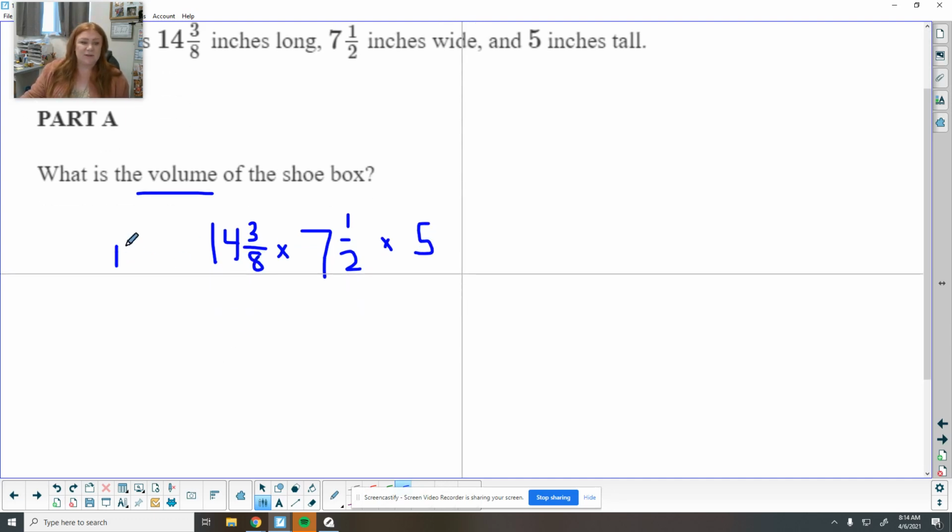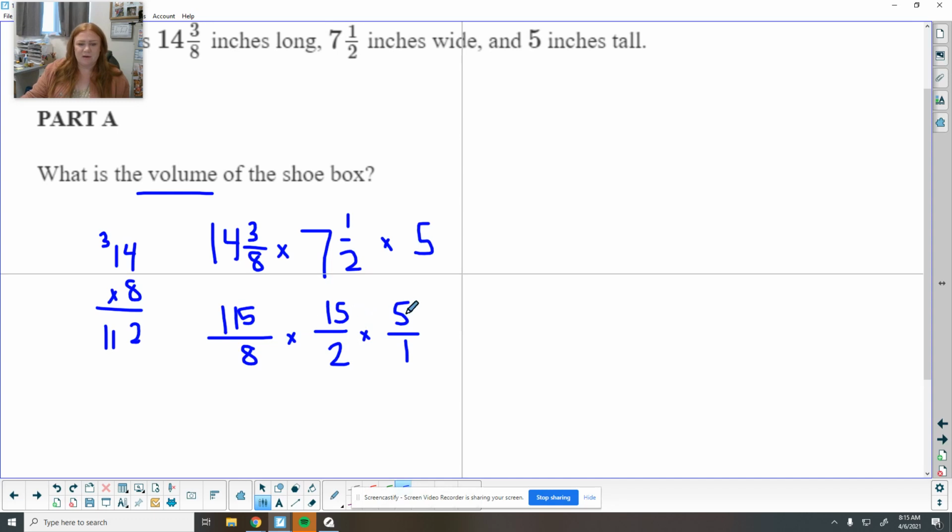So we need to do 14 times 8 is 112 plus 3 more is 115 over 8 times, here's 14 plus 1 is 15 over 2 and 5 over 1.